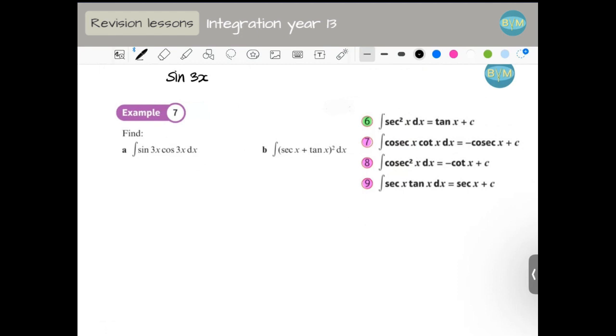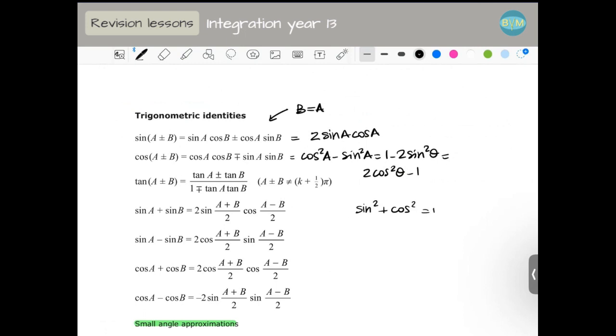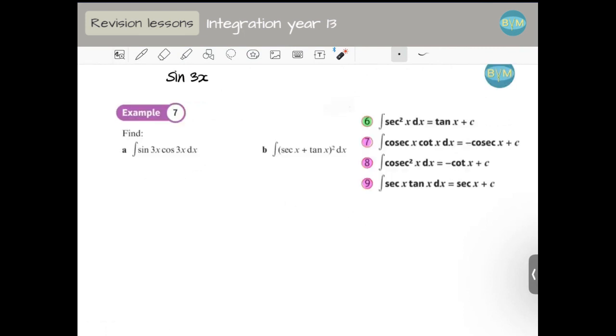Do you need me to show you the double angle formulae again, just in case? So you have them here. Sine, cos, tan, these are the double angle formulae, in case you need them. What formula can I use to make that simple?